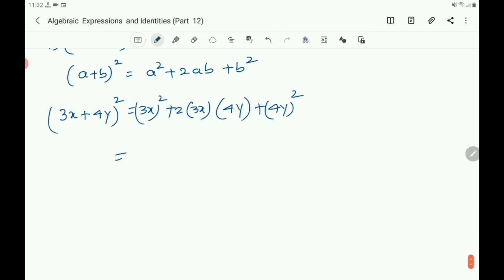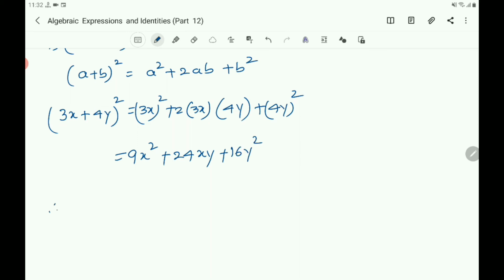Then it becomes 3x whole square is 3 square is 9, 9x square plus 2 into 3 into 4, 2 3s are 6, 6 4s are 24, xy plus 4 square is 16 y square.